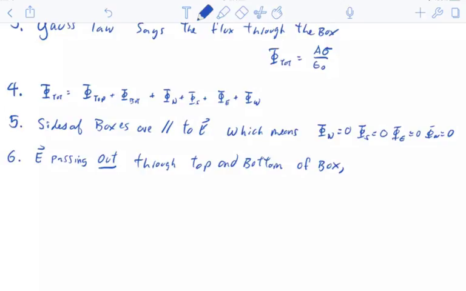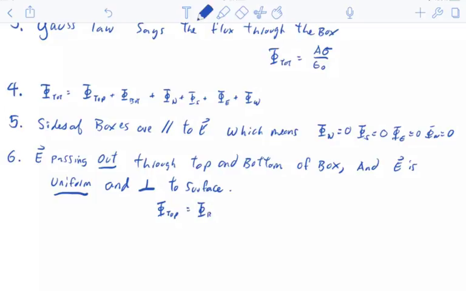So the flux is going to have the same sign, and the electric field is uniform. So it doesn't vary over the surface, so it's just going to be a constant value, and perpendicular to the surface. Thus, the flux through the top is equal to the flux through the bottom. They have the same sign. And the flux through each is going to be A times the electric field strength at that location.